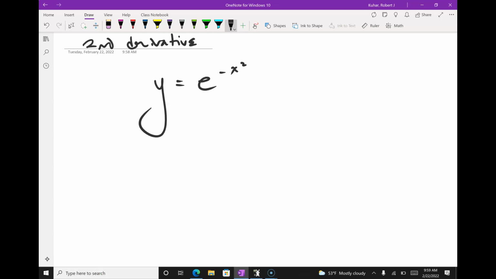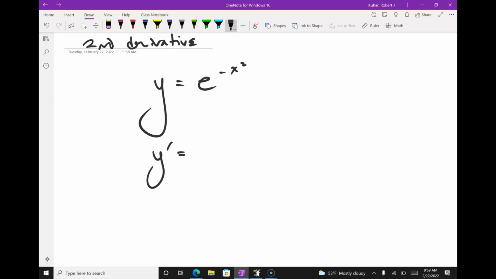Right, the simple version of this function would be e to the x, right? So this inside function is quite complicated compared to x, right? Derivative of x is 1. Derivative of minus x squared is negative 2x, right? Now all of a sudden I have a variable derivative, right? But see if we can get y prime right away.